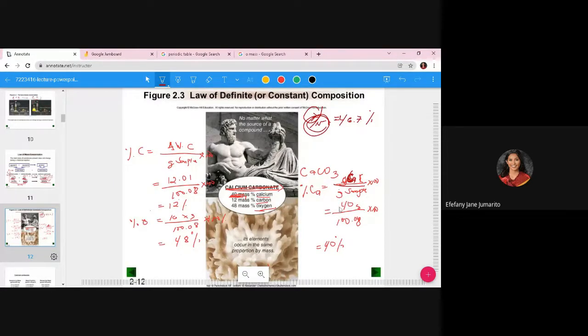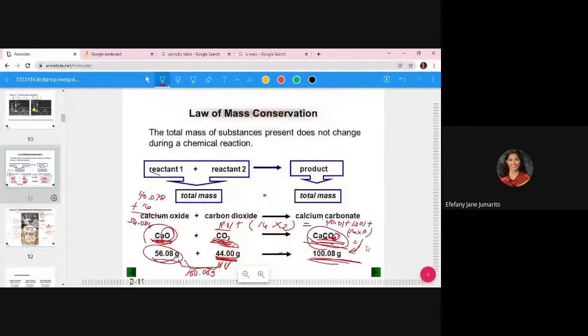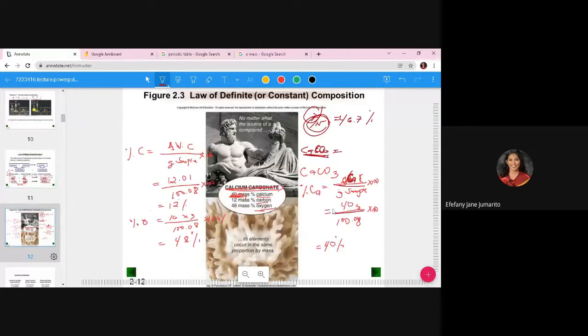So the mass of calcium is 40.01 grams, divided by the molecular weight of calcium carbonate, which is 100.08 grams.